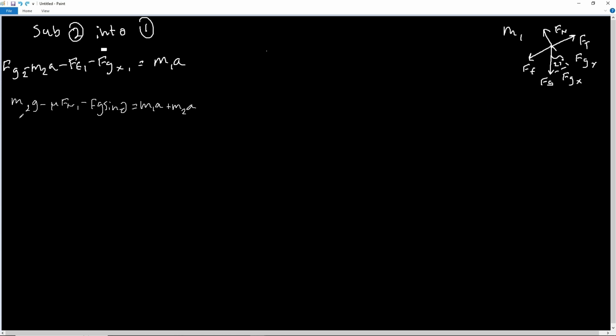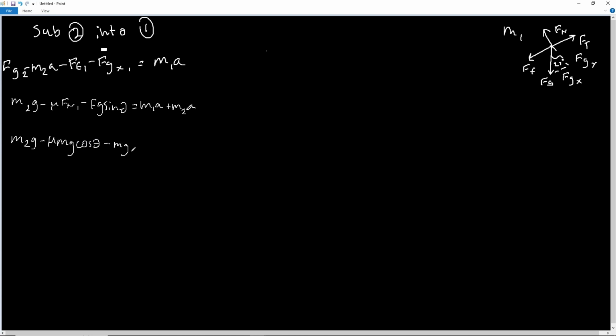So as we get here, we're at m2g minus mu Fn1 minus Fg sine theta equals m1a plus m2a. Now we can get into plugging the numbers. Before I do any calculations, let's turn Fn1 into something. m2g minus mu, and Fn1 can actually turn into mg cos theta.